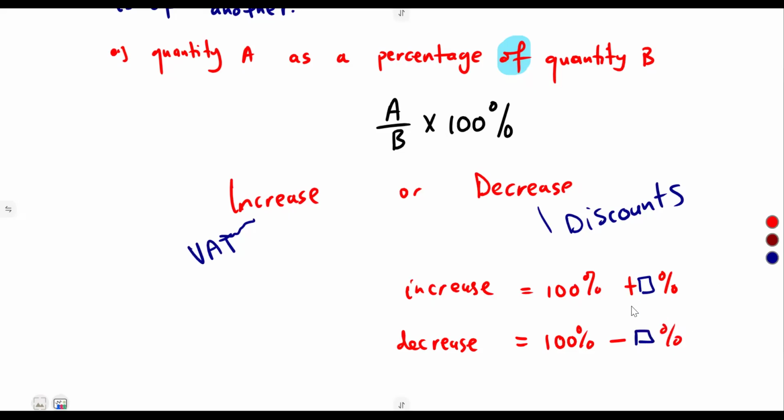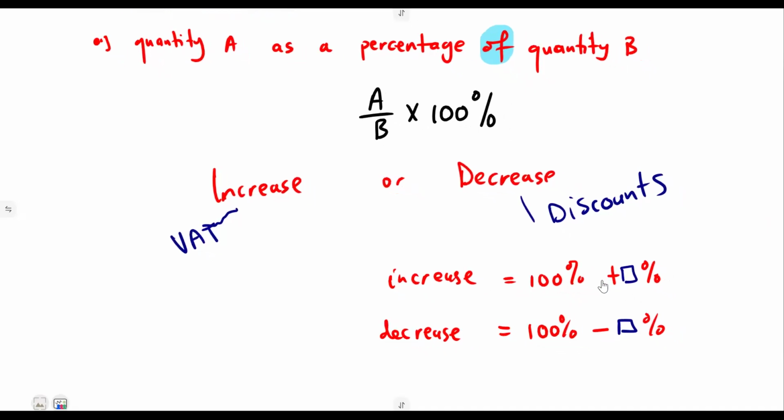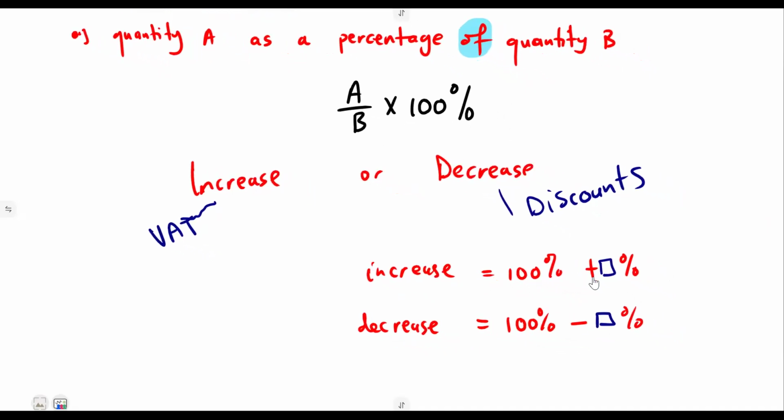It must be removed. So this can affect your calculations. There is a discount, from 100% you subtract the percentage that is given as the discount. These are used also on applications of profit and loss.